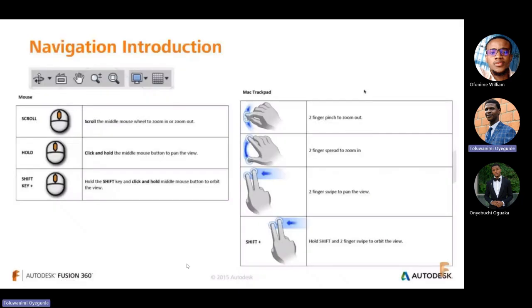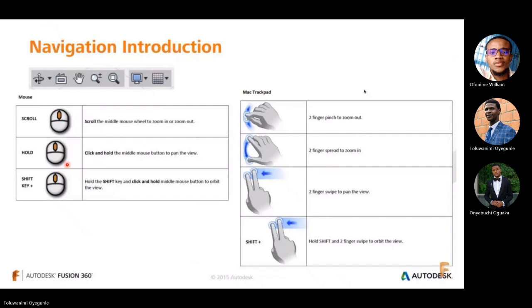Right? So like I mentioned, the navigation bar, we have the pan, zoom, scale, and all of that in Fusion. You can do that with your mouse. Basically, if you want to use Fusion, the best experience you can have is when you are using an external mouse, not the haptic touch mouse that comes with the laptop. An external mouse gives you more power to navigate through your canvas.